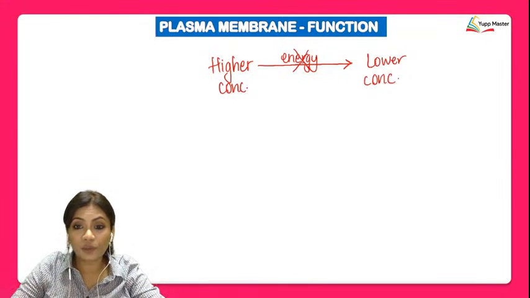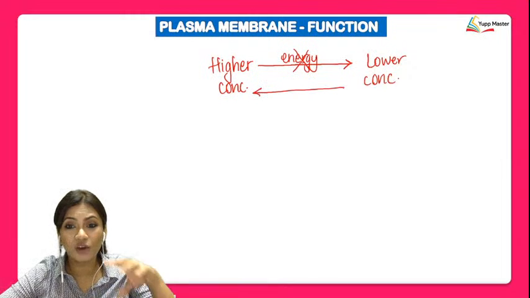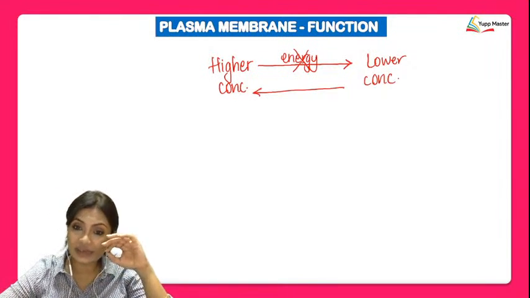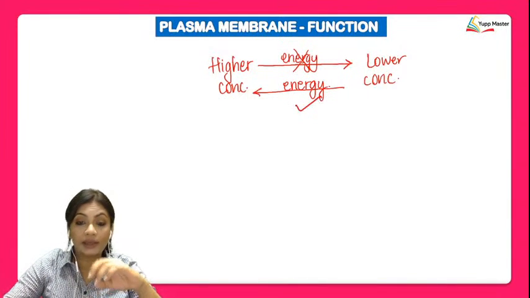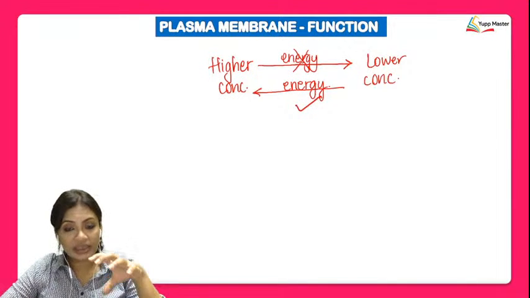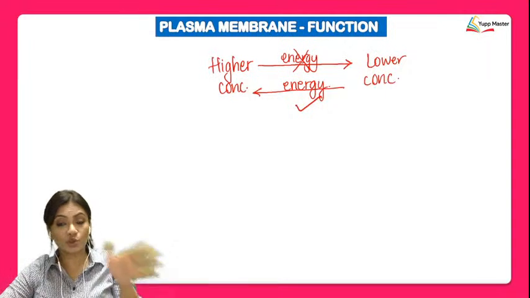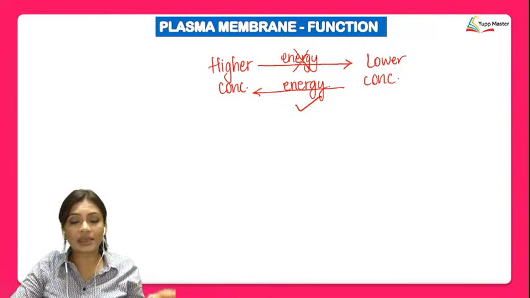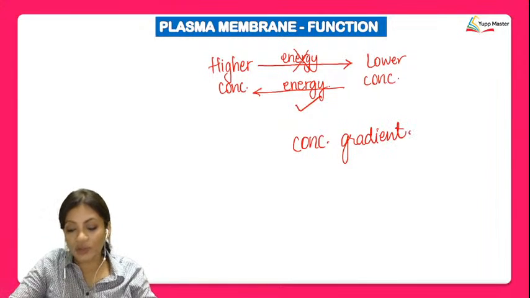But if I want to do exactly the opposite, if I want to make it go from its area of lower concentration to its area of higher concentration, then definitely here energy is going to be required. So whenever any substance is going from its own area of higher concentration to its own area of lower concentration, we may call this as it's following the concentration gradient.